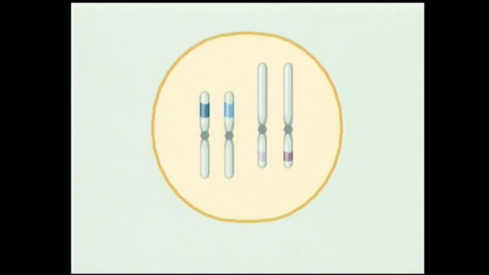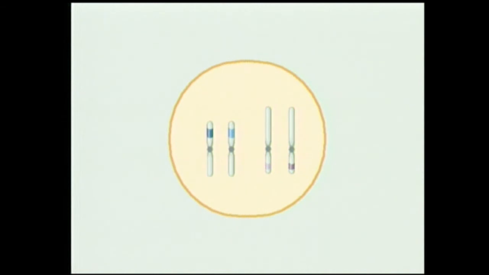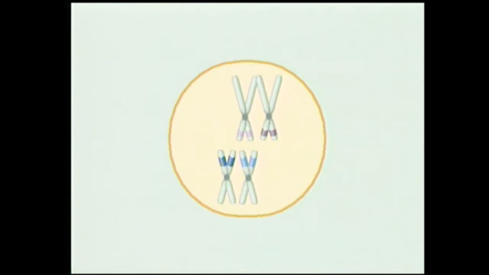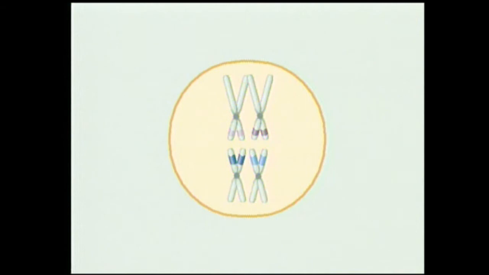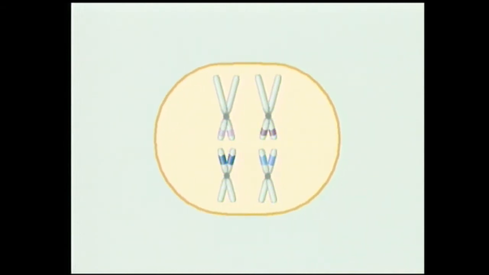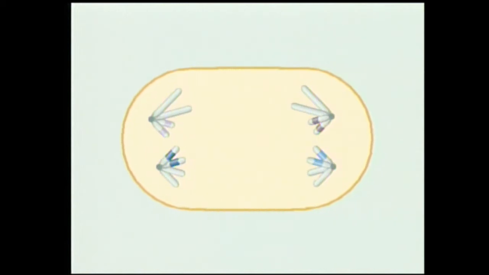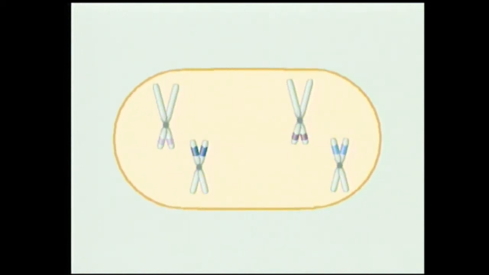The cell prepares for meiosis. The chromosomes replicate. In metaphase I of meiosis, homologous pairs of chromosomes move to the middle of the cell. In anaphase I, the homologous chromosomes separate from each other and are pulled to opposite ends of the cell.